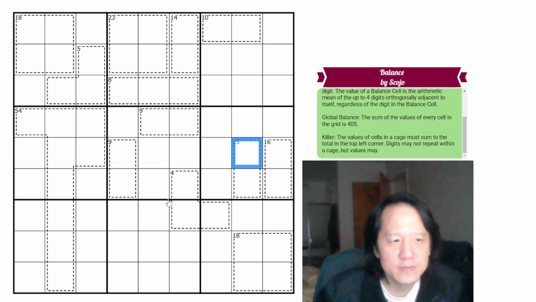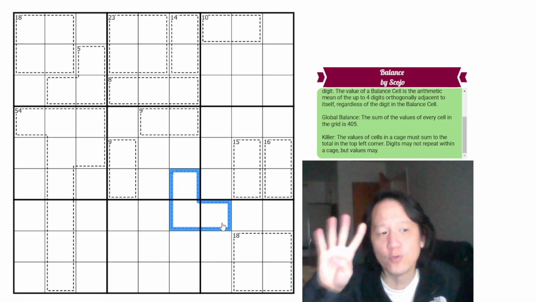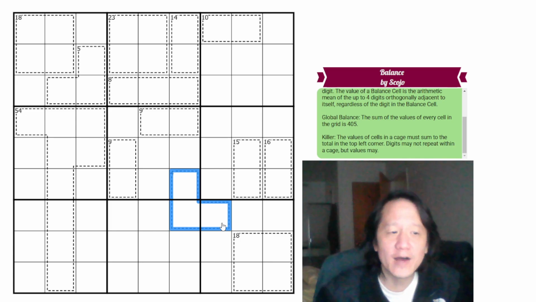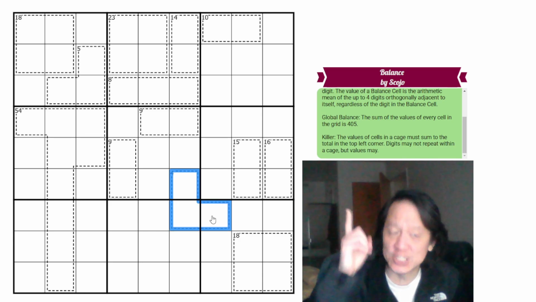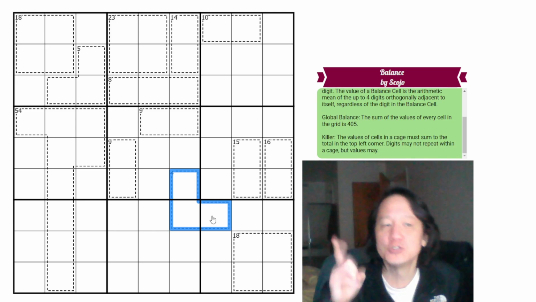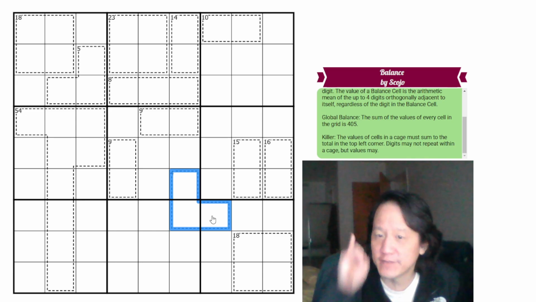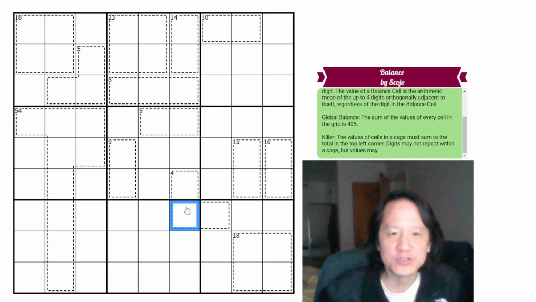In this cage, the values add up to 4. So the 3 values must add up to 4. And you cannot have repeat digits in the cage, but you can have repeat values. So obviously this would have to have repeat values somewhere, right?